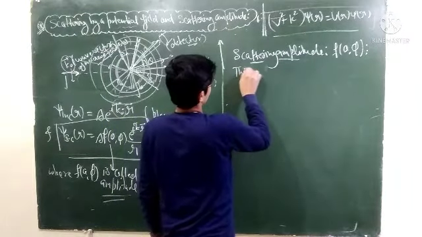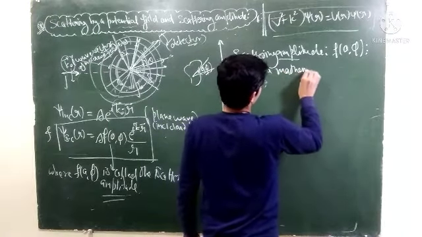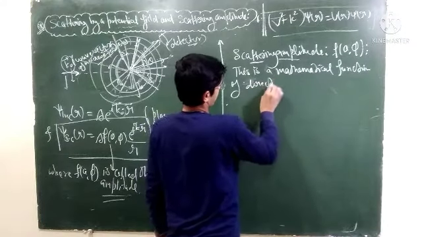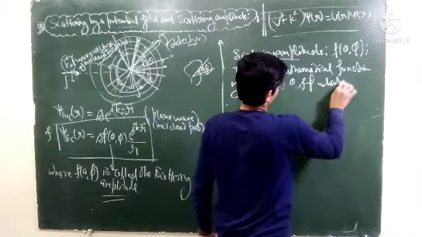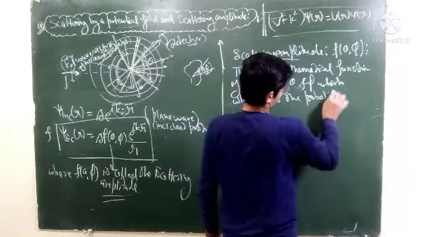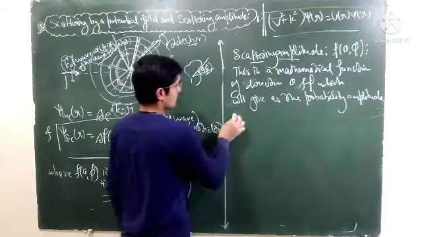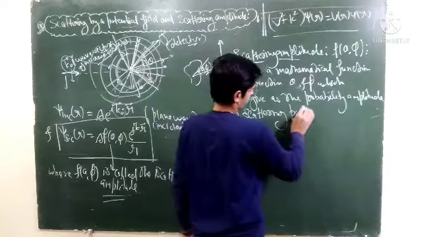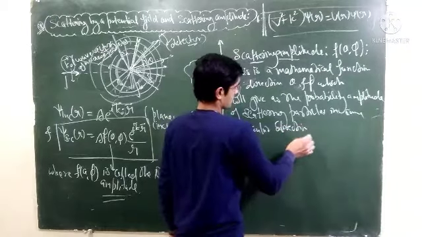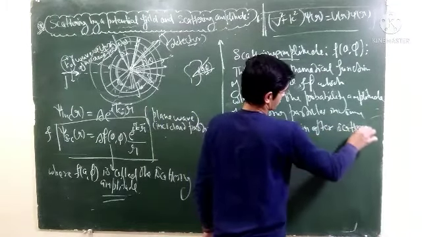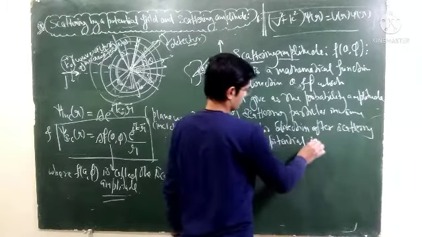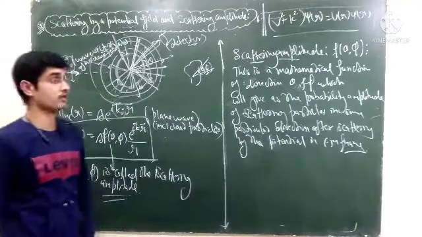This is a mathematical function of direction, theta and phi, which will give us the amplitude or probability amplitude of scattering particles in some particular direction after scattering by the potential in the center of mass frame. So this is the rough definition of scattering amplitude.